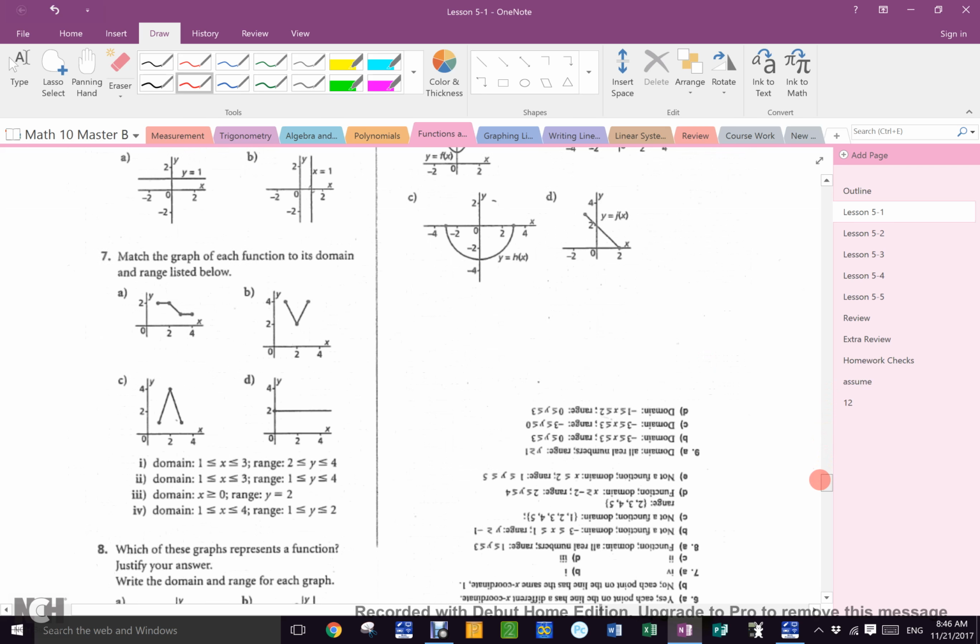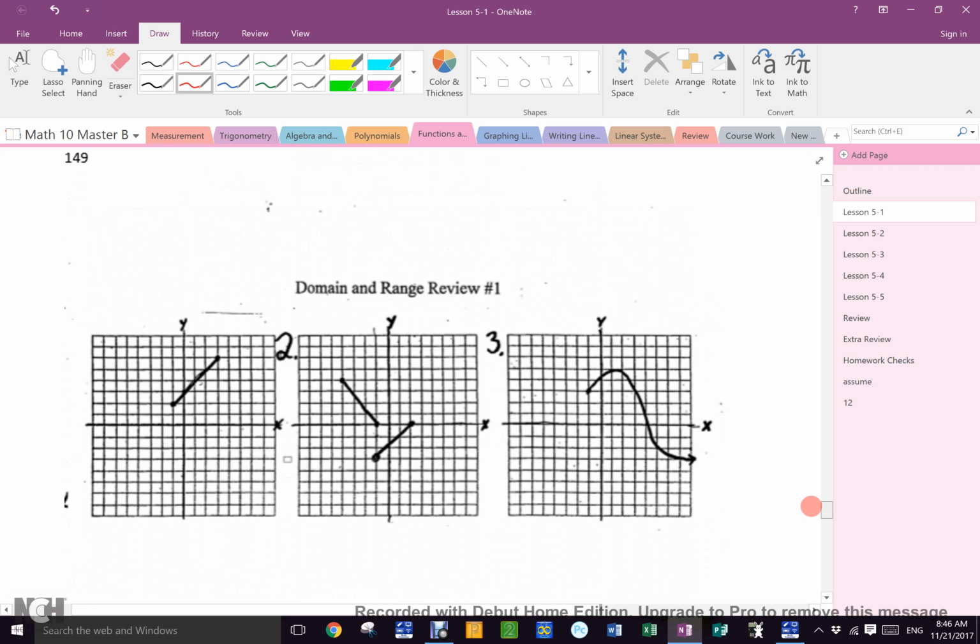Then you will notice on page 149, you have 12 domain and range questions. Okay? Everybody cool? For these, I want you to do half of them in set notation, and I don't care which half you do, and half of them in interval notation.